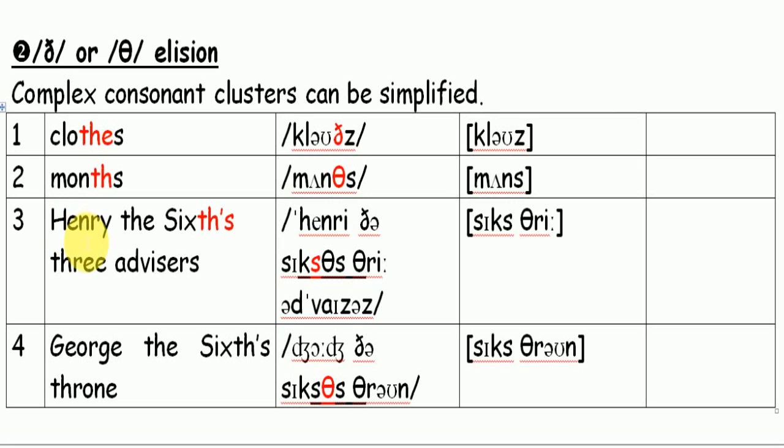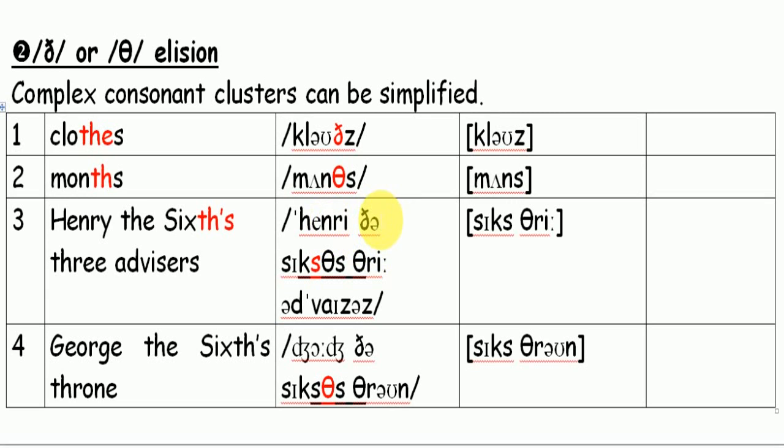In this sentence, Henry the Sixth really advanced it. It sounds rather difficult, but we use elision just to simplify the pronunciation.